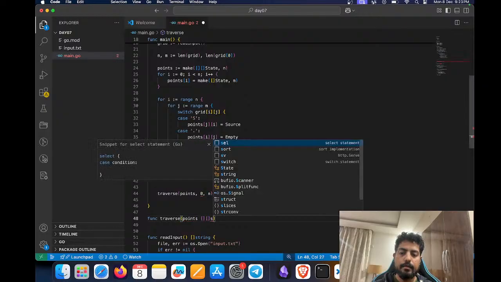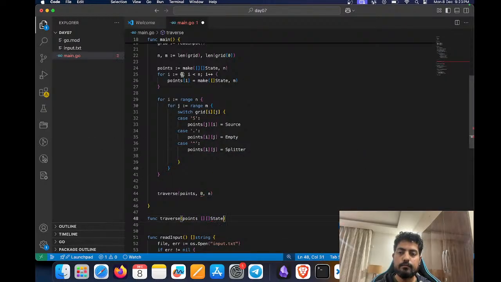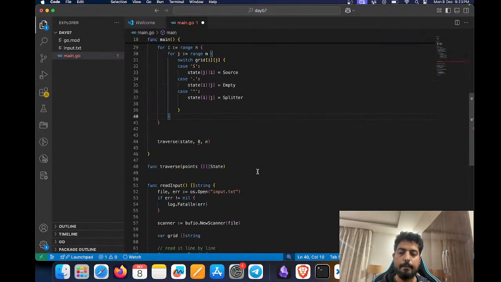will take in the state. I think instead of points we can just call it state. So it takes the state, and we can call this our world. So this is our planet, our world, whatever.